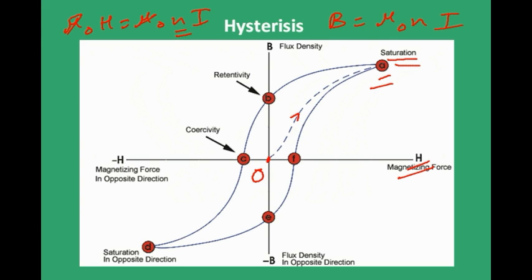And afterwards, what happens? I'll decrease the current. So when I decrease the current, the graph doesn't follow the reverse path. Instead, it follows this one. It goes from A to B. You observe that since it follows this path, even if I reduce the current to zero, I still have some magnetic field left. I mean to say that, first of all, the magnetic dipoles were randomly arranged. Since I applied some current, since I've got some magnetic field inside the solenoid, I've got these magnetic dipoles arranged in a particular fashion.